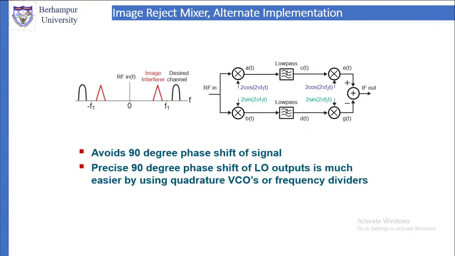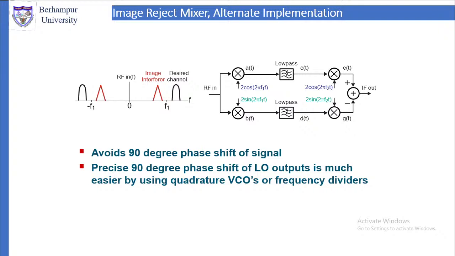That input we give to two mixers. One local oscillator is 2 cosine 2 pi f1 t, the other local oscillator is 2 sine 2 pi f1 t. So the outputs of those two mixers are A and B.